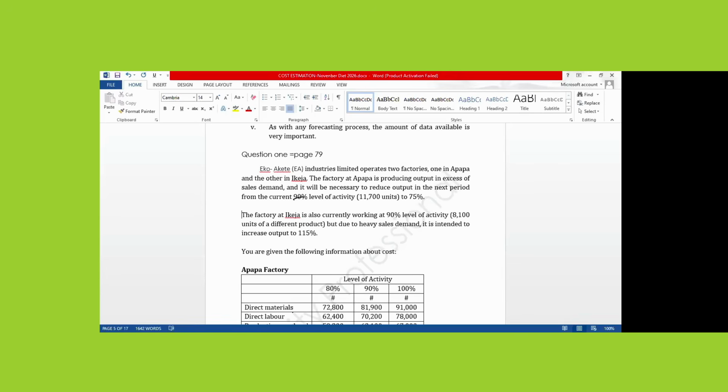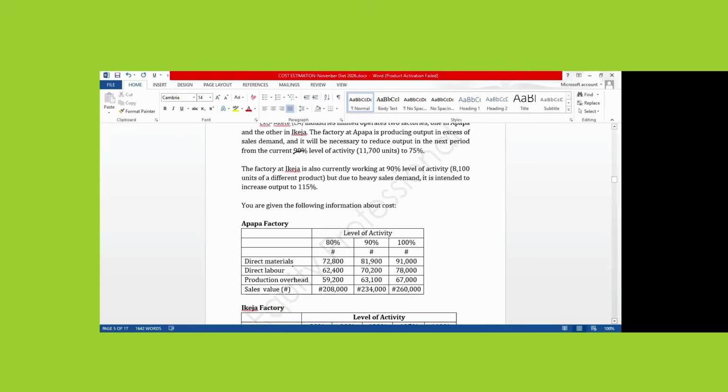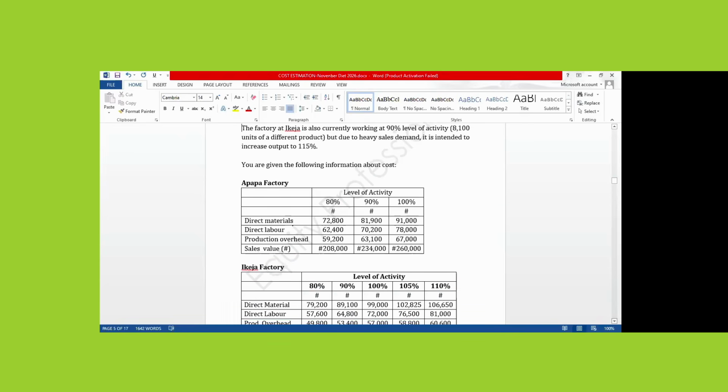But due to heavy sales demand, it is intended to increase output to 115%. You are given the following information about cost.